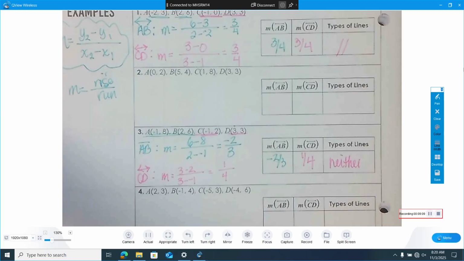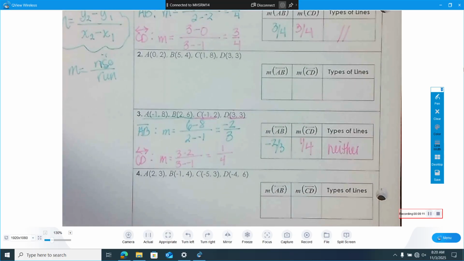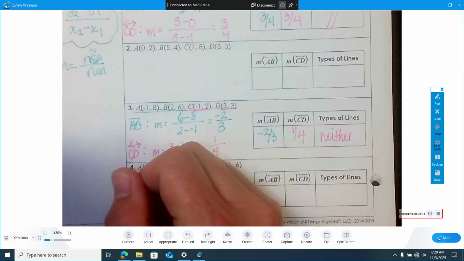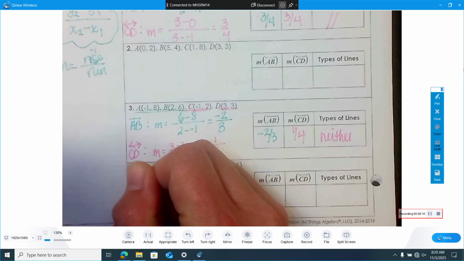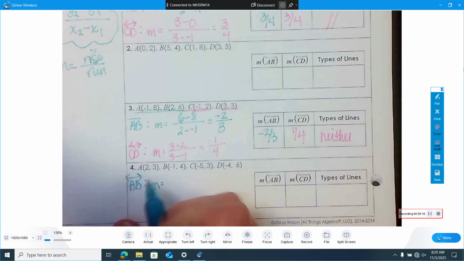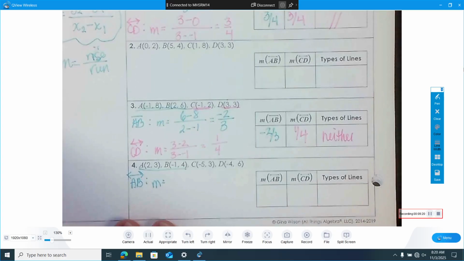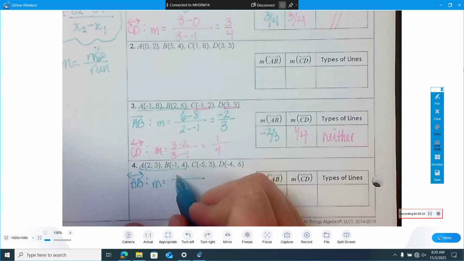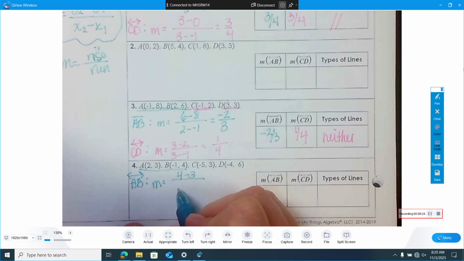Let's look at number 4. All right, so again, between A and B, for line AB, my slope is going to be 4 minus 3 over negative 1 minus 2.